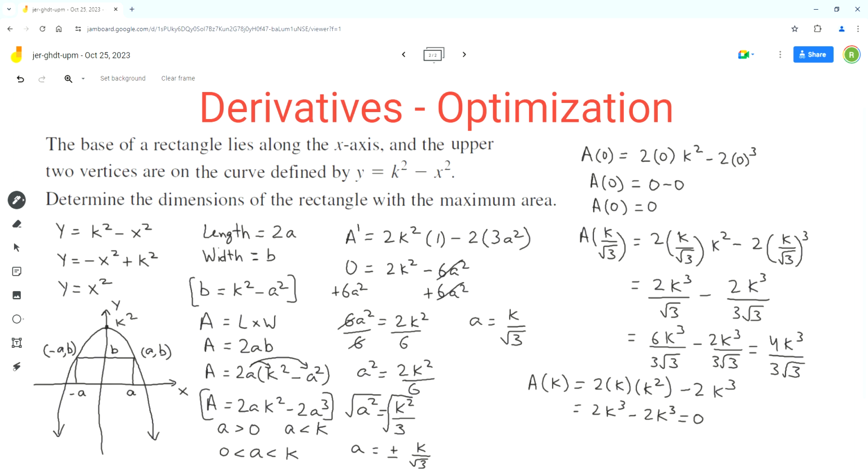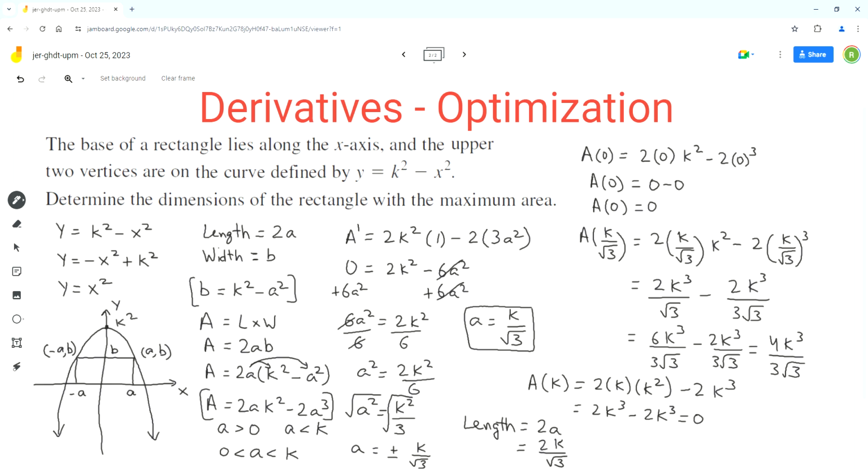That means the area is maximum at the a value k over square root of 3. Now we can write the dimensions. The length of the rectangle will be equal to 2a, and a is equal to k over square root 3. So the length is 2k over square root of 3.